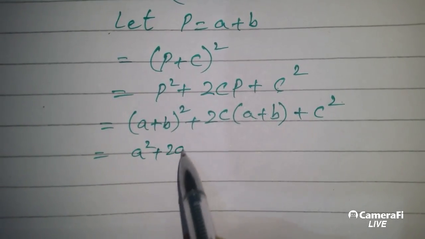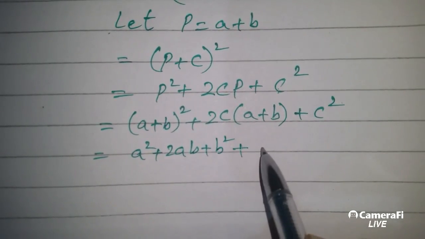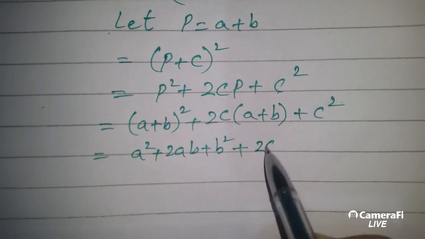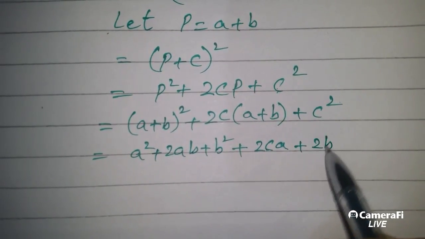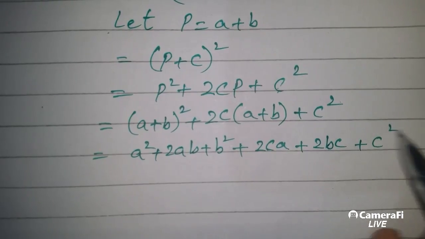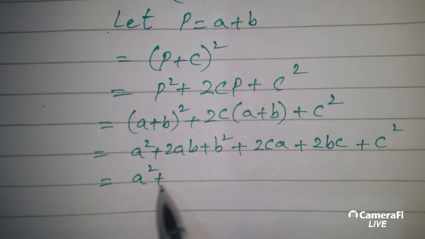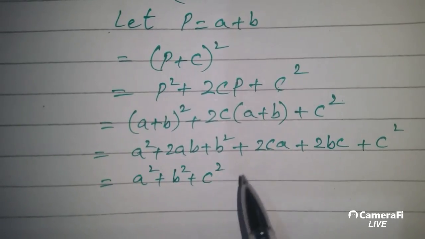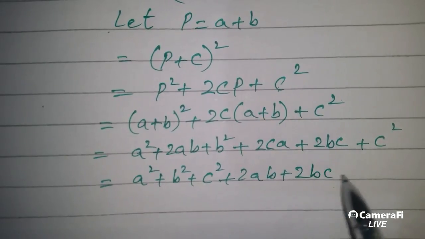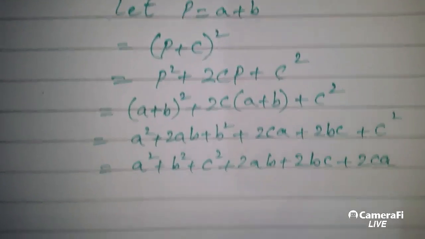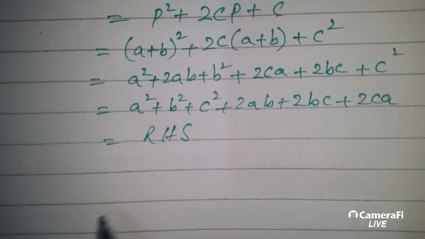A square plus 2ab plus b square. Just multiply these two terms: 2ca plus 2bc plus c square, and just arranging the terms: a square plus b square plus c square plus 2ab plus 2bc plus 2ca, which is the right hand side.